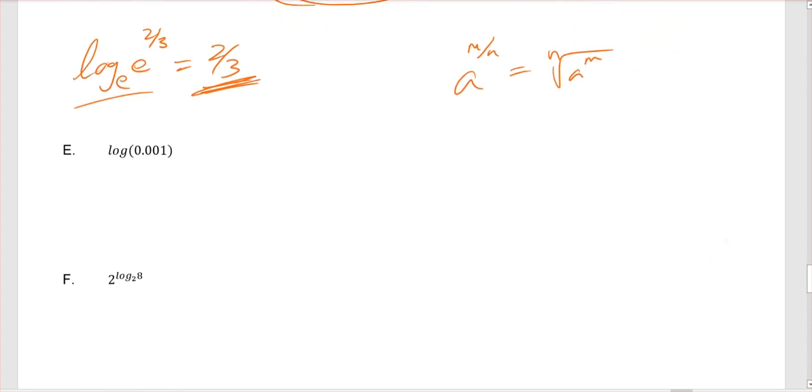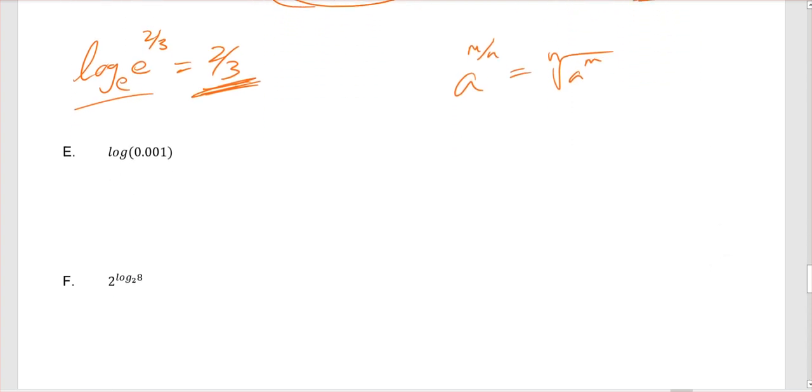All right, 0.001. That's probably going to be better for us to think about this as a fraction. Also, we might want to put a base in there. So we've got log and then base 10, right? If we don't write it, it's base 10. And then let's write this thing as a fraction. So this is hundredths, no, that's tenths, hundredths, thousandths.